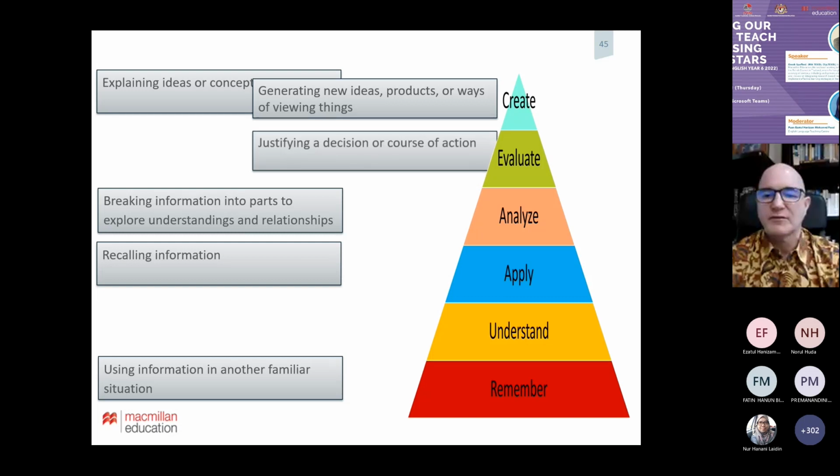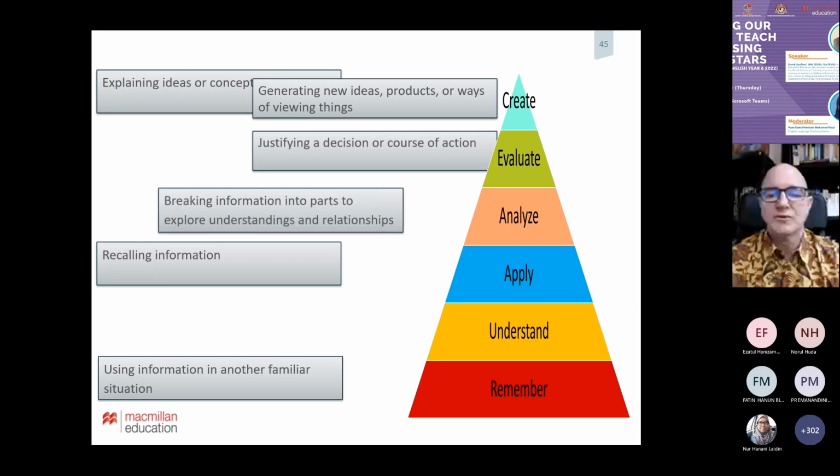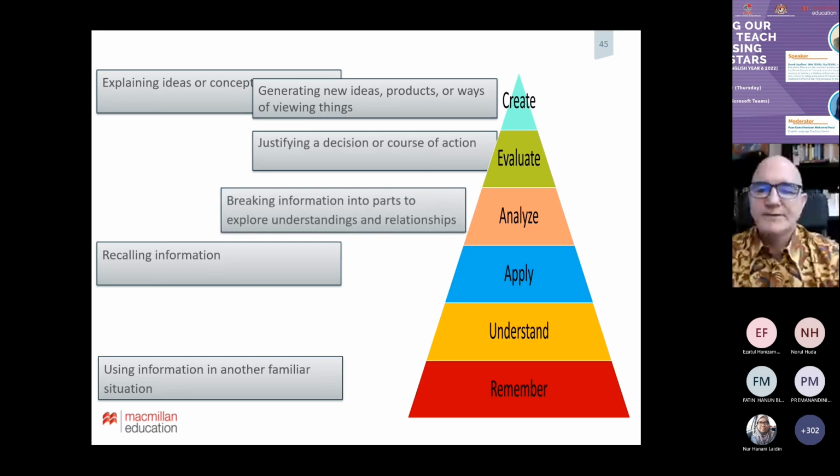Very nice, Megalai, okay, and Intan and Melissa, thank you. Analyze, what's analyze? 5, 4, 3, 2, 1. Analyze is all about, yes, breaking into, thank you, Melissa, Christina, Intan, and Huzi, thank you.